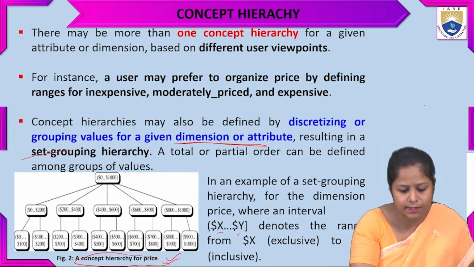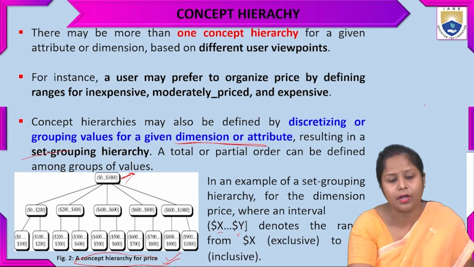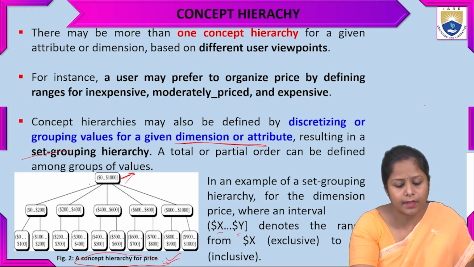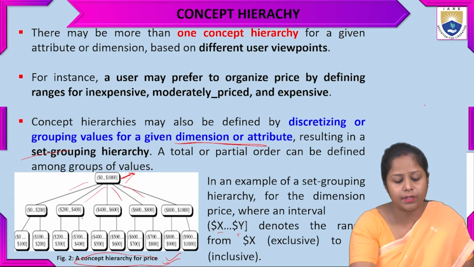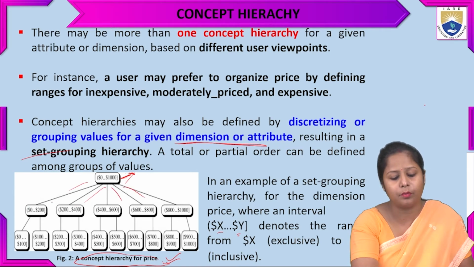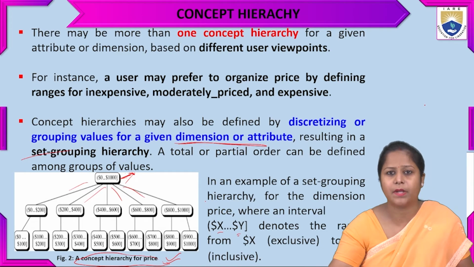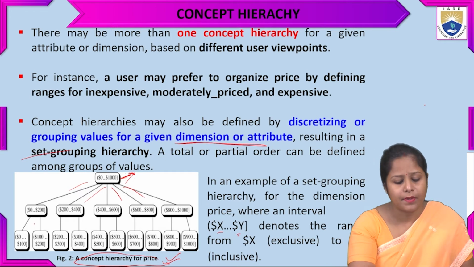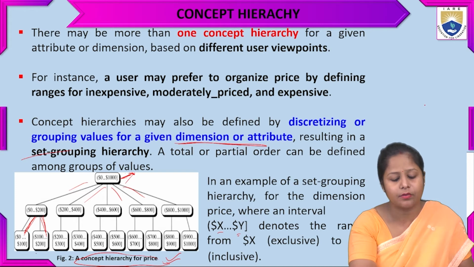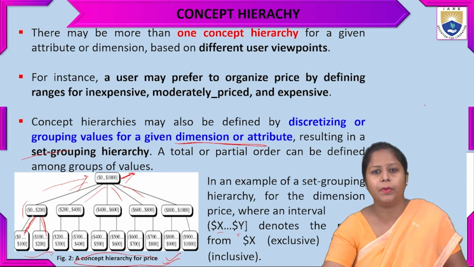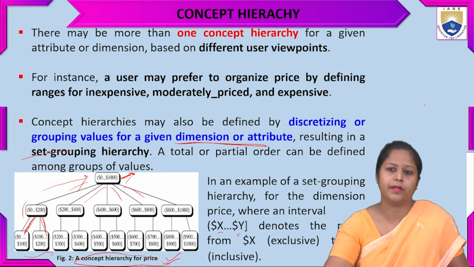We can see in the example the higher level attribute is $0 to $1000, and again it is subdivided into set groups. There are five subgroups, and then it is constructed like this. This is the lower level, and that goes to the upper level. That is a set grouping hierarchy of the concept hierarchy.